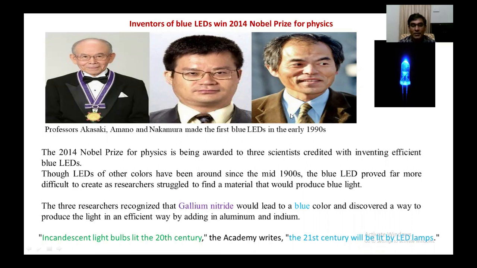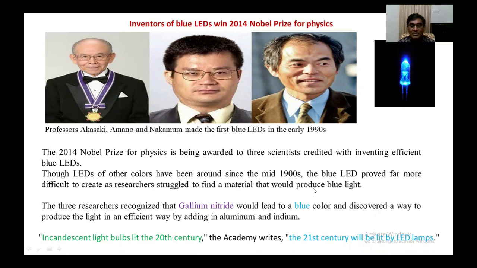Because green, red, yellow emitting materials are well known. Majority of materials emit these lights, but blue light emitting and white light emitting materials are very rare.